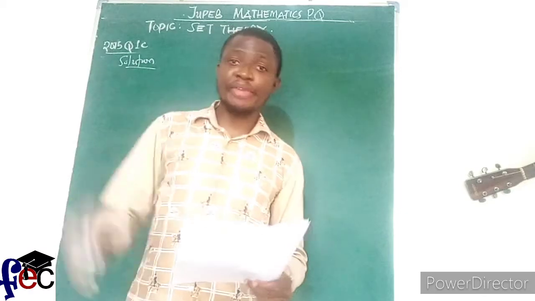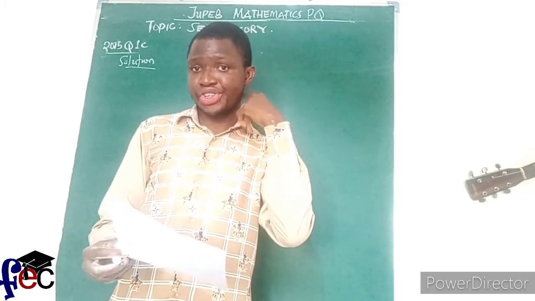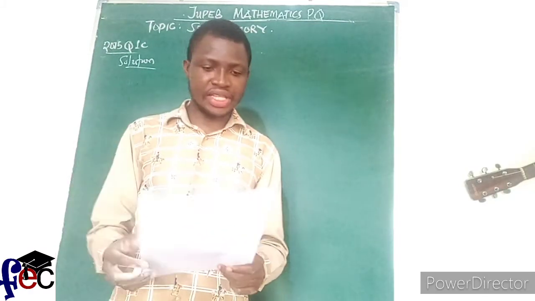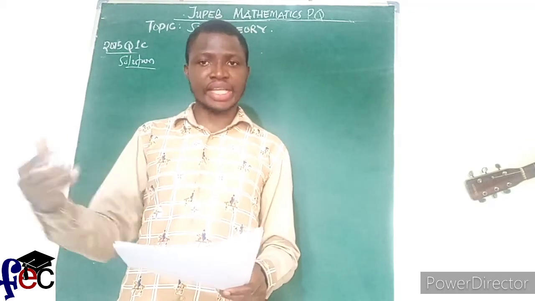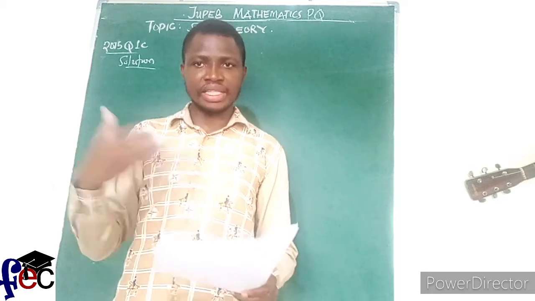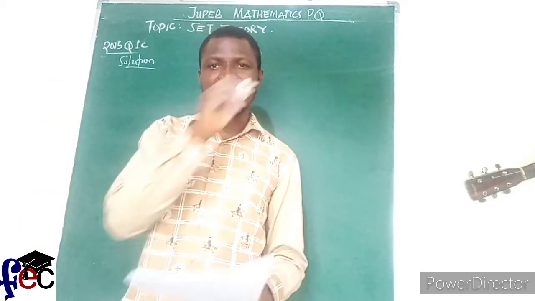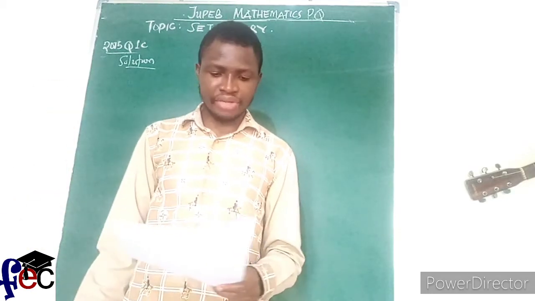So from that information we can do our representation. Okay, we represent the given information with certain letters so that anytime we are dealing with those letters, we know that we are dealing with the given information.